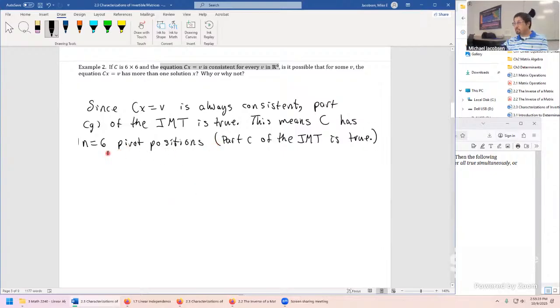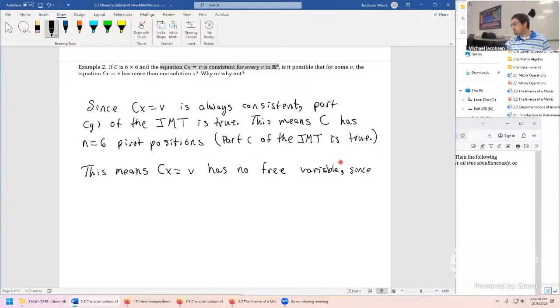So if we have 6 pivot positions, and it's of size 6 by 6, we can say something about Cx equals v. Let's say down next, this means Cx equals v has no free variable. That's because every single column in the matrix C is a pivot column. There's 6 columns in total and 6 pivots. So automatically, there is no free variable. Let's connect that thought, though.